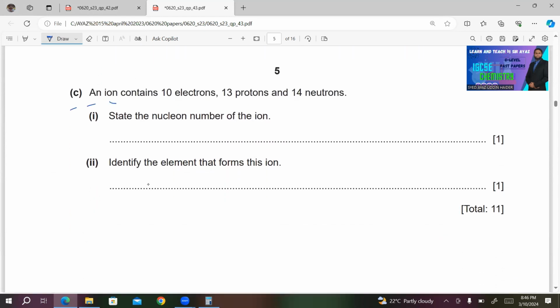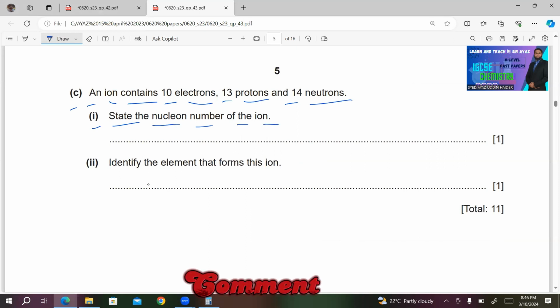C. An ion contains 10 electrons, 13 protons, and 14 neutrons. Number 1, state the nucleon number of the ion. To get the nucleon number, you simply add up protons and neutrons. So 13 plus 14 gives 27.